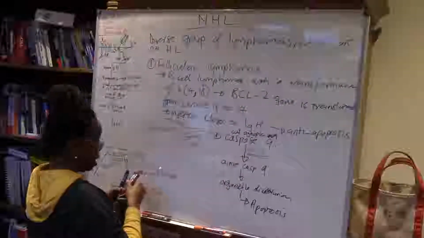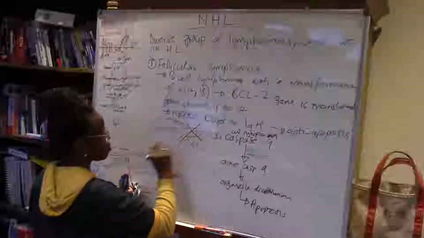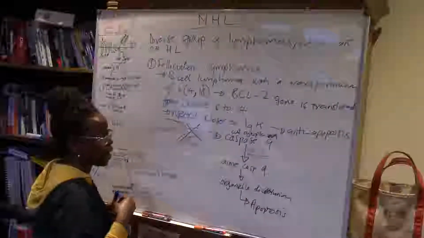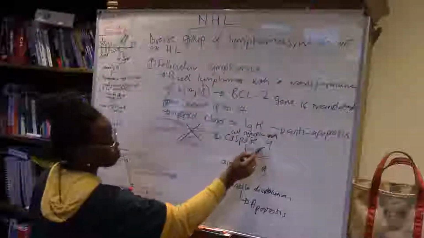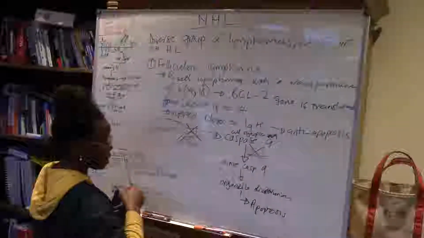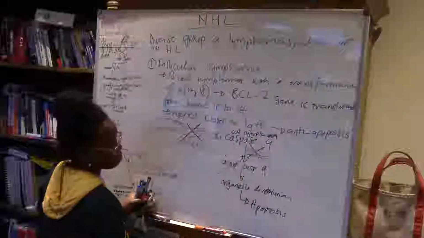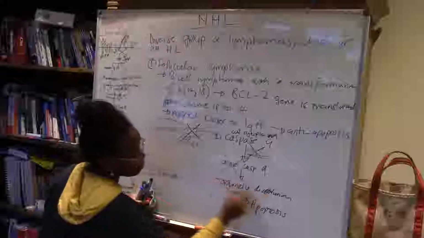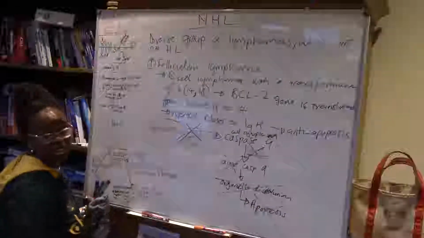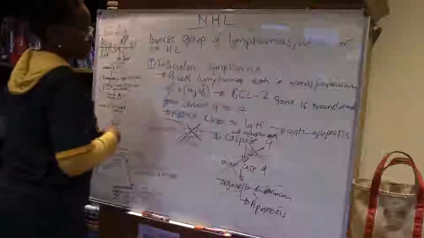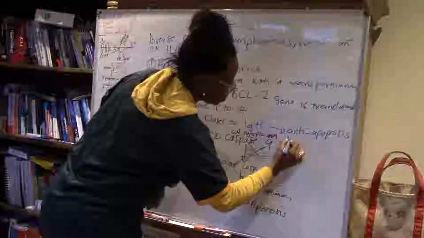This gene comes in and blocks this exit of cytochrome C. So it closes that channel there, and it means that the cell has no cytochrome C. When the cell doesn't have cytochrome C, you have no active caspase 9, and when you don't have active caspase 9, you have no organelle dissolution, and when you don't have organelle dissolution, you do not have apoptosis. So basically, it stops apoptosis, and therefore cells become immortal.